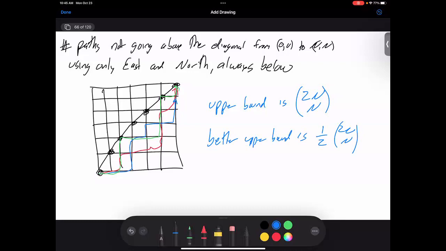Okay, lower bound. 1. We know there's at least one path. Go east, go north. Do you think you can get n as a lower bound, or maybe n minus 1?